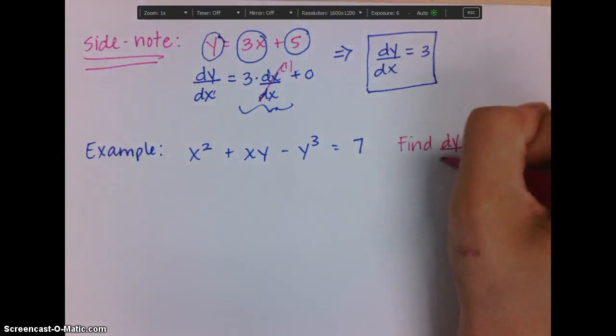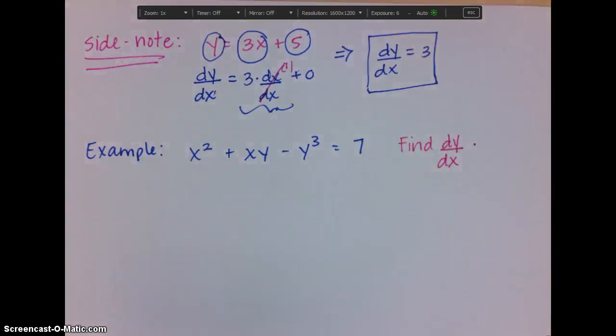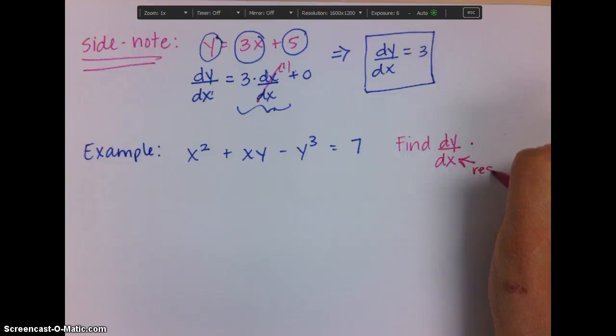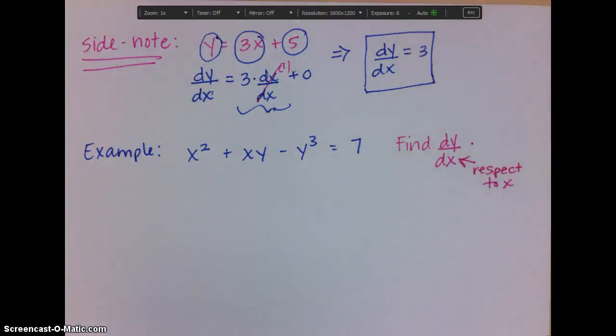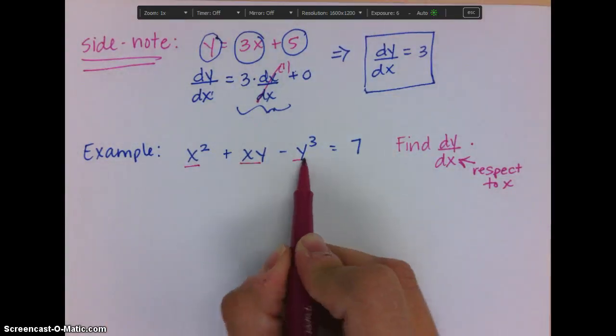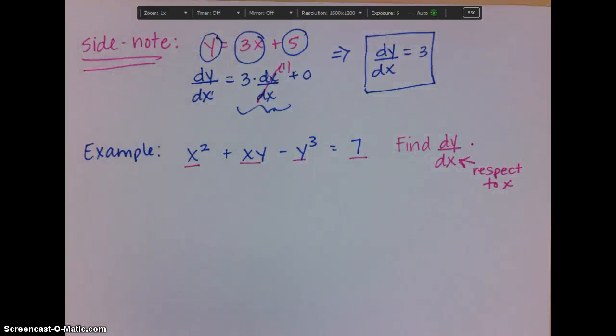And I'm going to declare that I want to find dy dx, which remember means that I want to take the derivative with respect to the variable x. Alright, so let's do it. So I'm going to take each term, 1, 2, 3, 4 terms, and I'm going to find the derivative of each piece, showing that implicit differentiation notation in terms of which variable I used and with respect to which other variable.